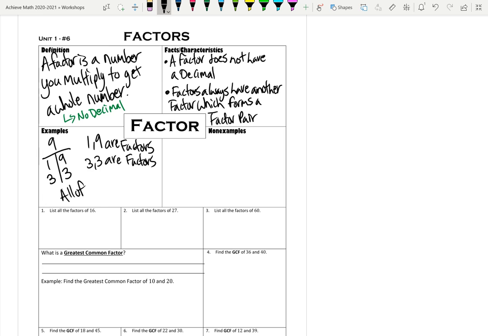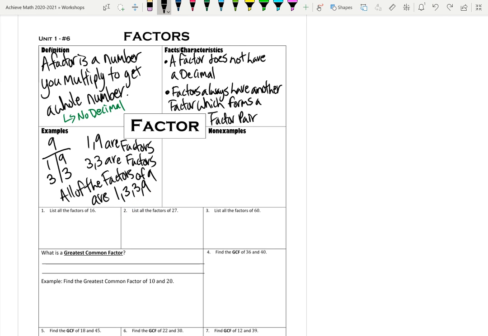All of the factors of 9 are 1, 3, 9. Now, I don't need to include the 3 twice, but I just want to illustrate that a factor pair always multiplies to be 9. 1 times 9 is 9. 3 times 3 is 9.